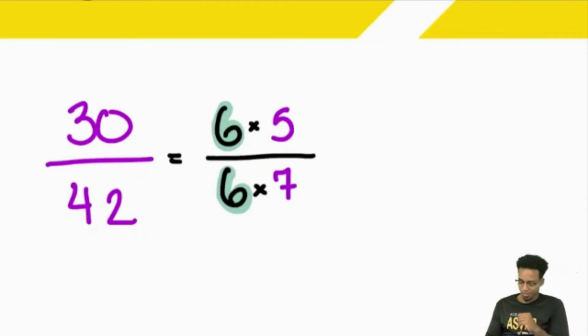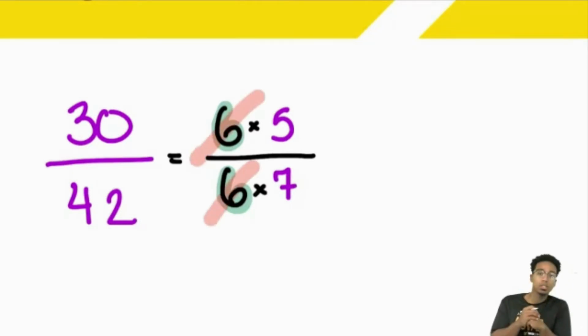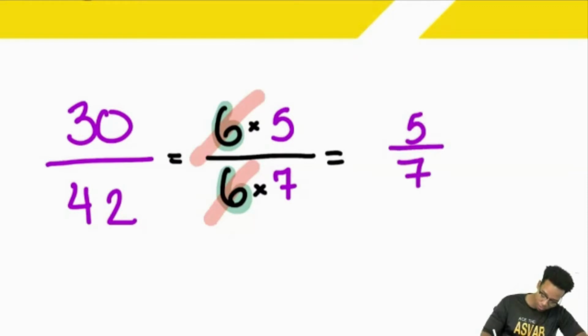They cancel. And that's what simplifying is. When you simplify fractions, you are canceling out what you can to give yourself the smallest version of the fraction possible, so you're not dealing with ridiculously big numbers. We want to simplify the conversation. So the answer is 5/7.